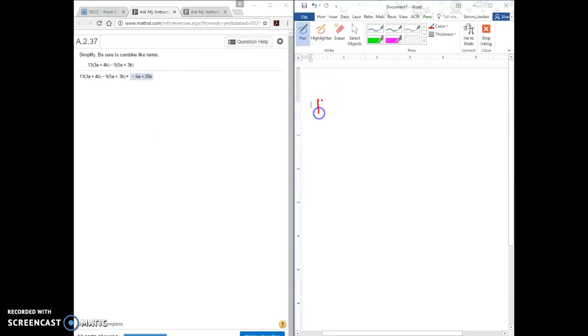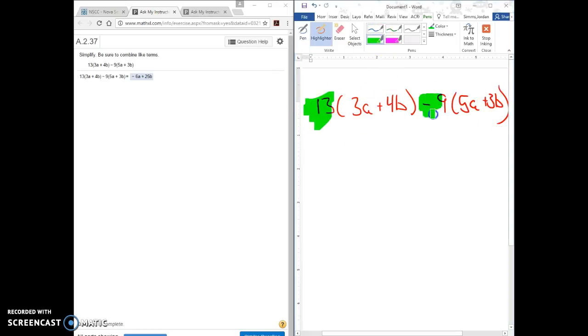Our next example here, we have 13 times 3a plus 4b minus 9 times 5a plus 3b. So again, let's take a look. We have a positive 13 and we have a negative 9. So that's going to affect how we distribute. 13 times 3 is going to be 39a.